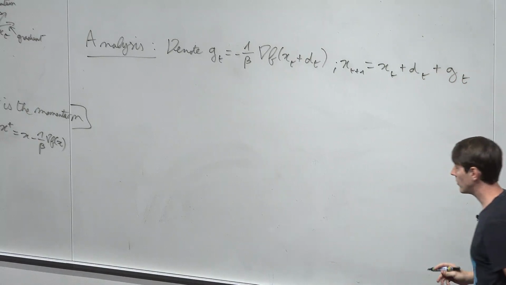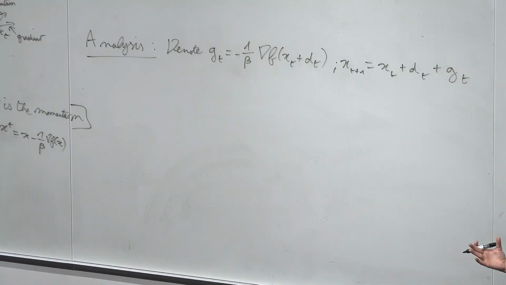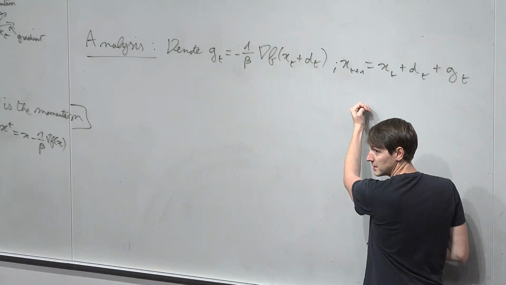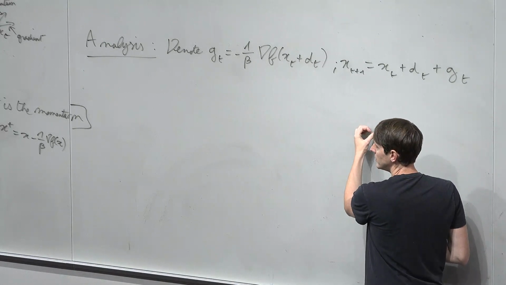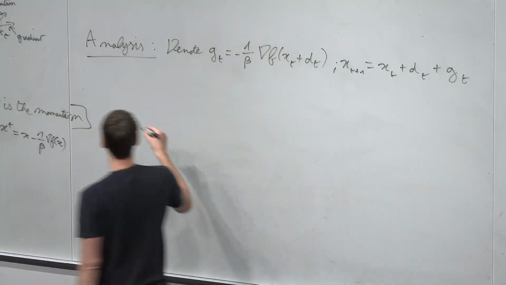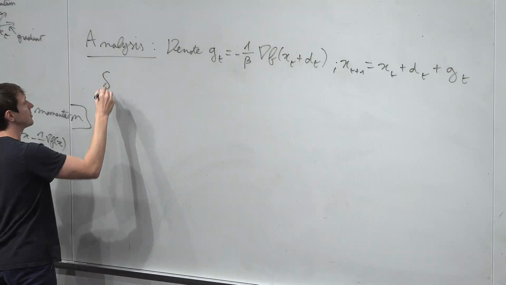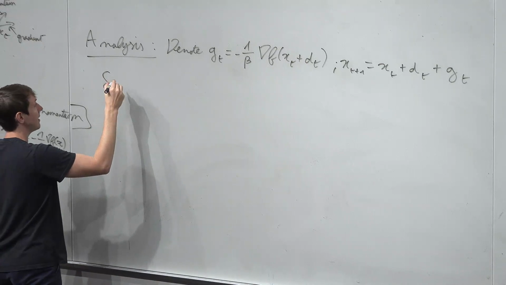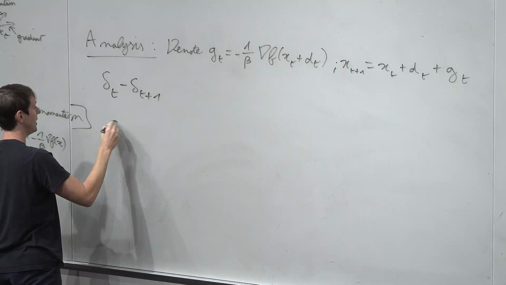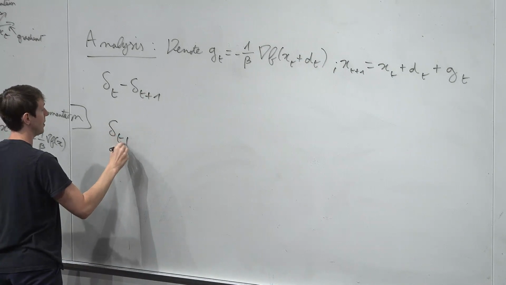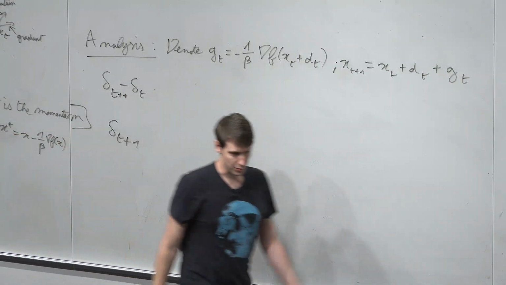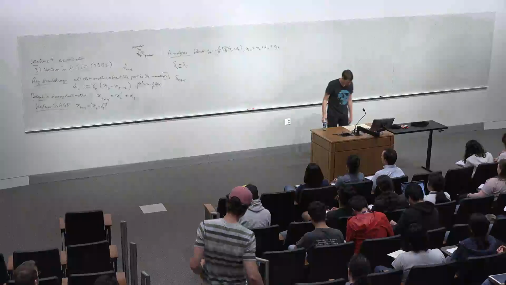Okay, and I'm going to now write two inequalities that we have written many times: an inequality on the suboptimality gap at time t plus 1, and an inequality on the improvement from time t to time t plus 1. One is going to be delta_t minus delta_{t+1}, and the other one is going to be delta_{t+1}. Let me make sure I don't mess this up, because otherwise it's going to be a nightmare.